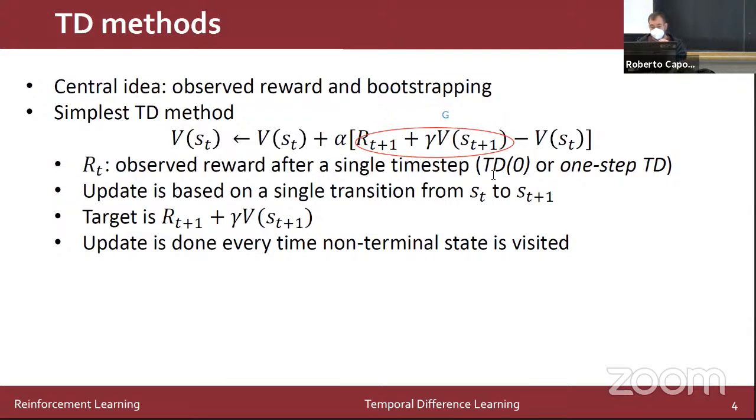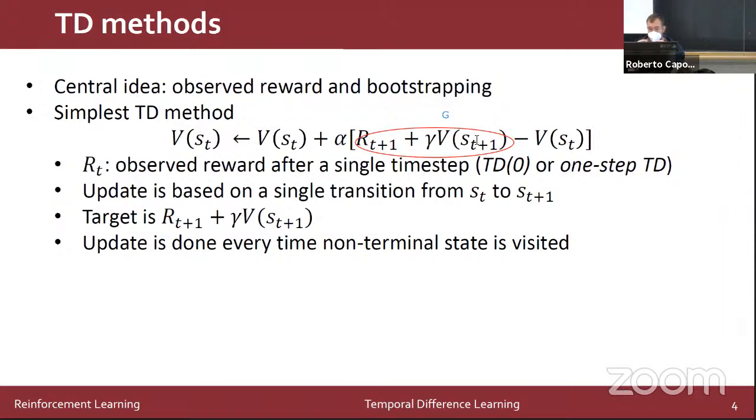Okay, so why is this useful? It is useful because in order to update your value function, you don't need to wait for the termination of the episode. You have one single transition, and you update your value function at every transition that you receive. In the Monte Carlo methods, we update our value function at every episode.